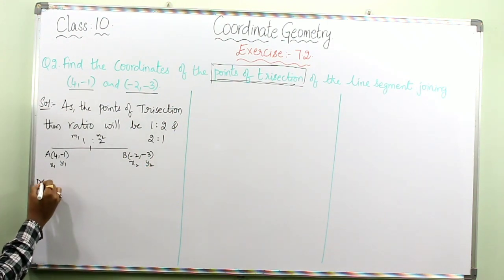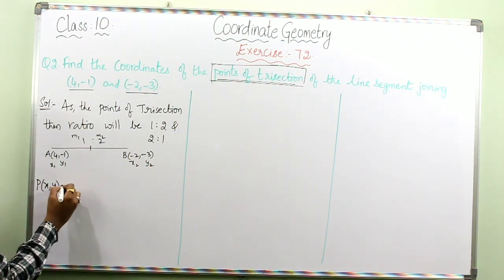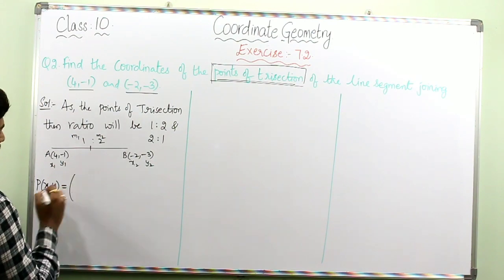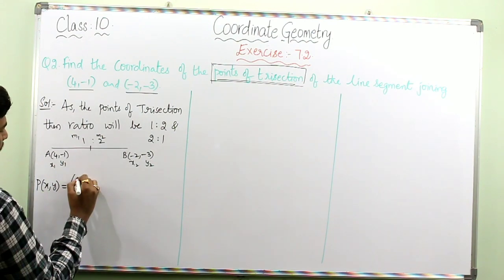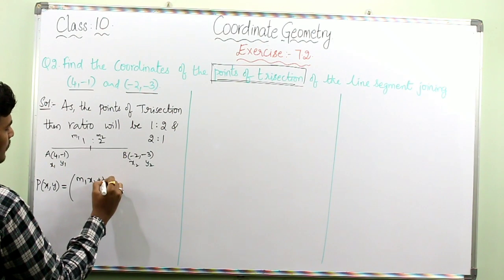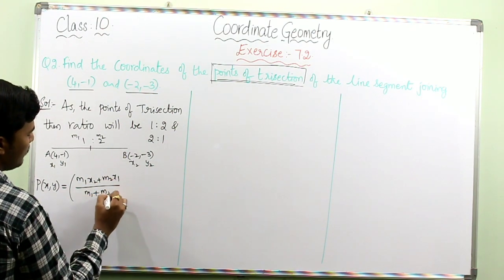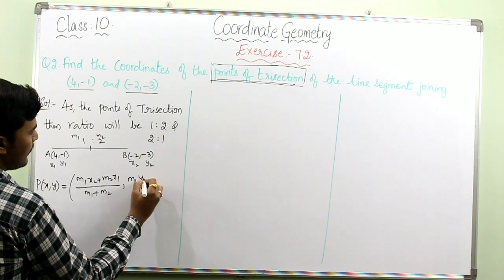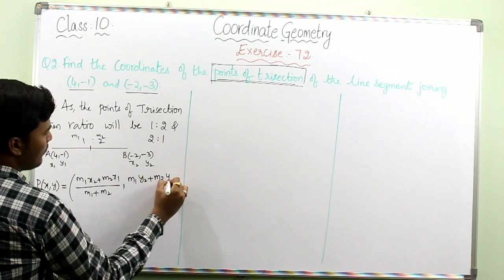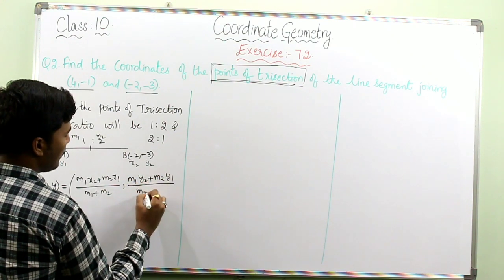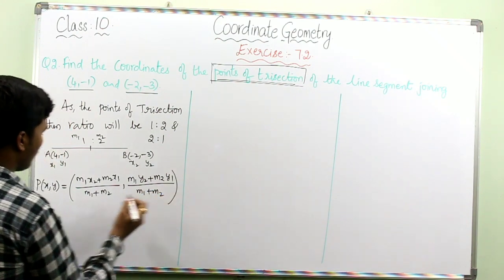Now let us first find out by taking the ratio as 1 is to 2, and the section formula is given by P(x, y) = ((m1 x2 + m2 x1)/(m1 + m2), (m1 y2 + m2 y1)/(m1 + m2)).